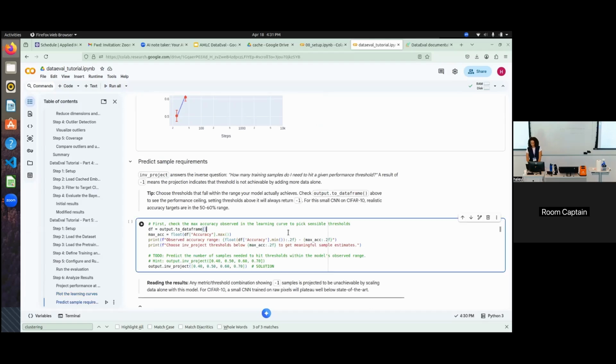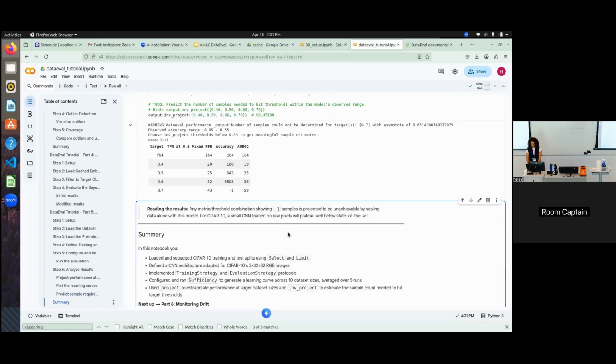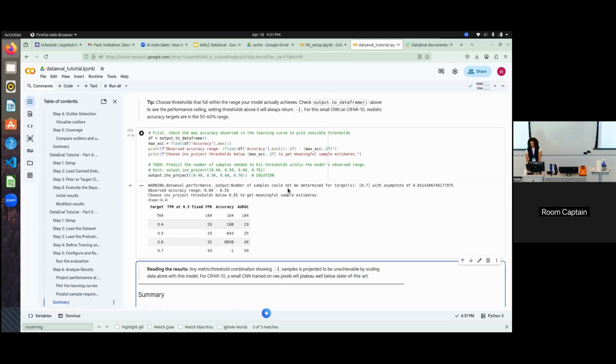Using the inverse projection, you can say, well, if my goal is to have 40 or 70% accuracy or 80% accuracy, how many samples or data points do I need? And it will work that back for you.